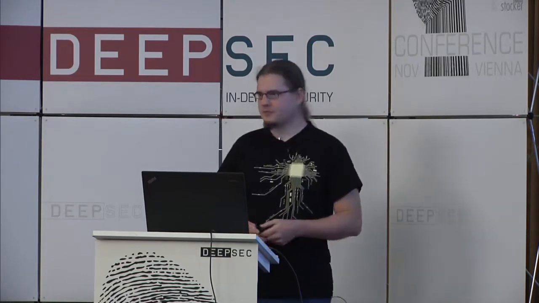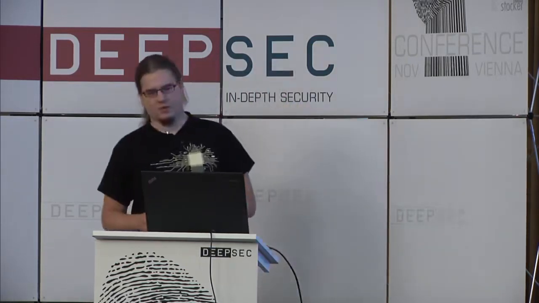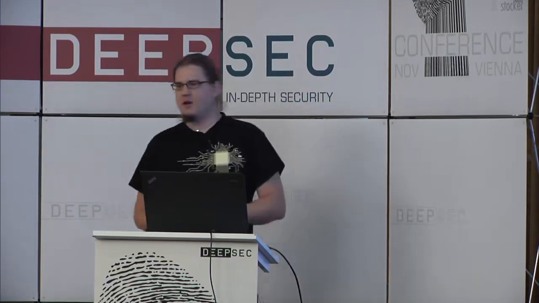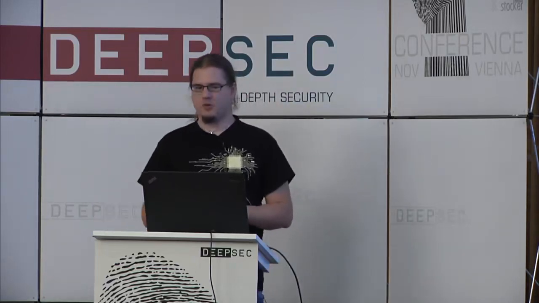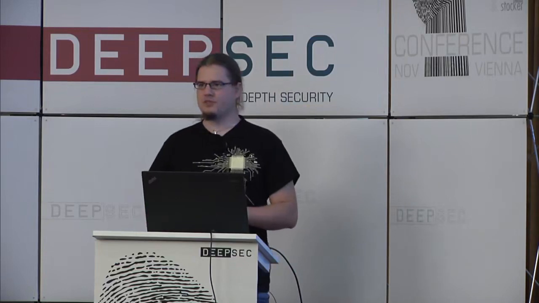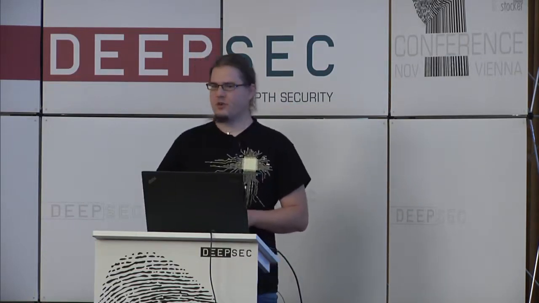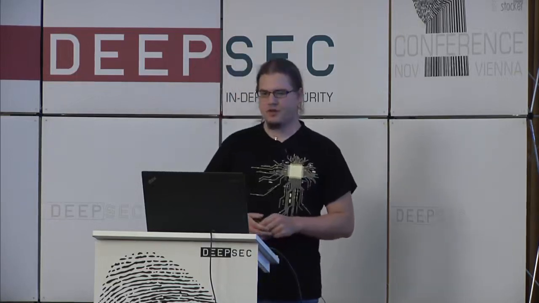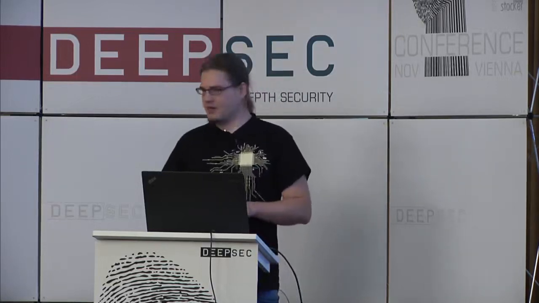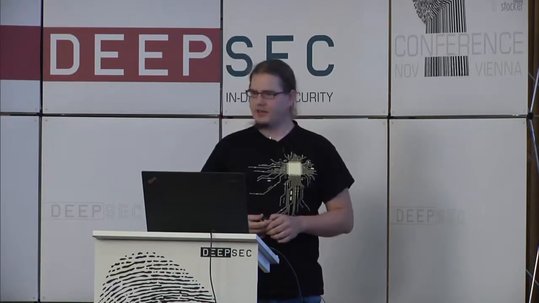Just a quick overview of what we will talk about next: what we actually found. Most of these points we managed to find in these products. First of all, there was insufficient firmware and code protection. We will have a look at this. There was unencrypted and unauthenticated communication.